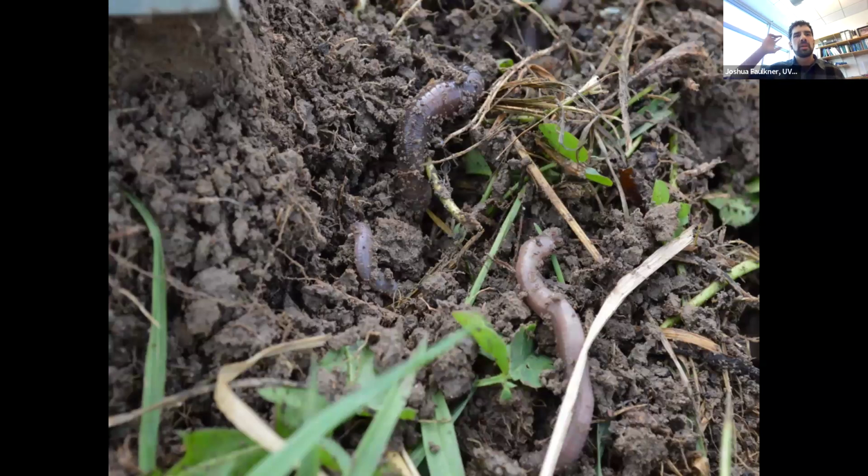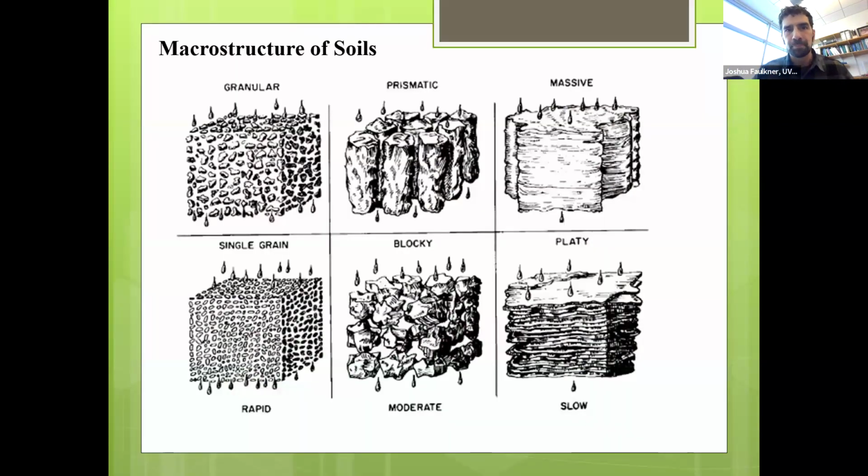This is from a farm in South Hero, Vermont. A farmer took this over, pretty degraded and abused land, and really brought it back to life with some rotational grazing practices. And I just think this is a fantastic image of aggregates, and really the biology that helps to create those aggregates, those earthworms there.